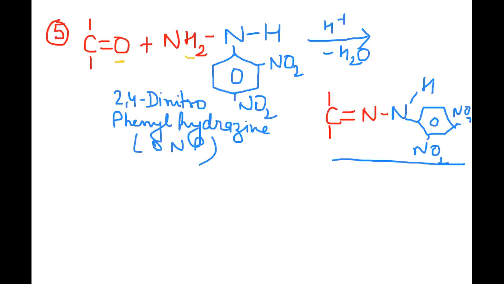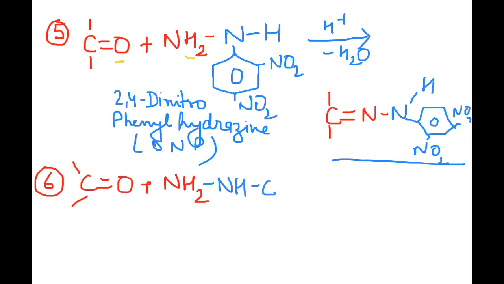Now, probably the last one that we have to do is with semicarbazide. In this case, again, we'll take C double bond O plus NH2, and the attachment in place of Z is N, H, C double bond O, and then NH2.